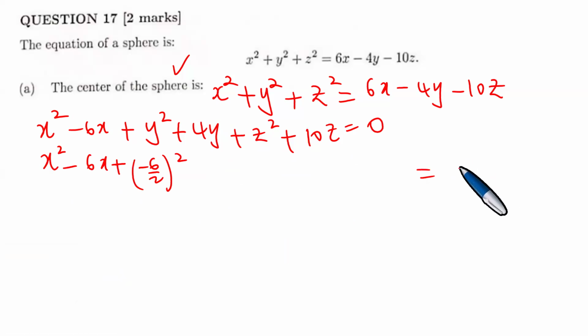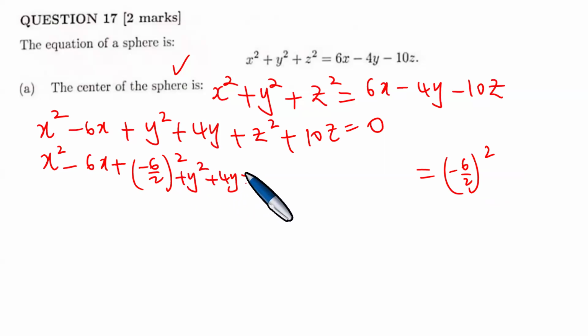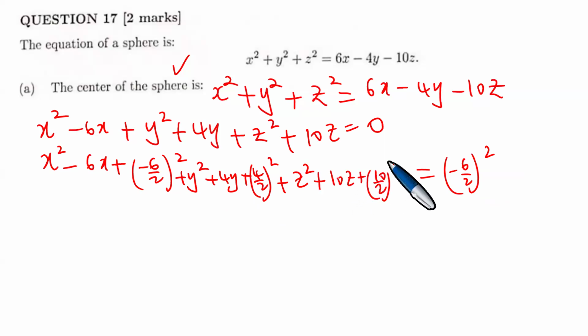So we're going to have minus 6 over 2, which you square, and then y squared with 4y, you have 4 over 2, you square this. Z squared 10z, 10 over 2, you square this.